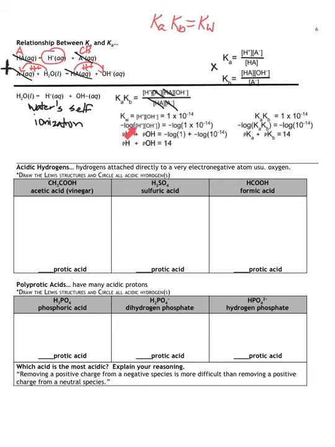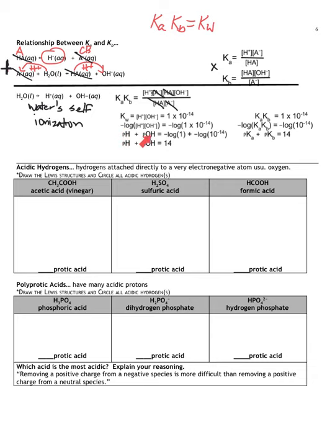There's a function in logarithms where if I'm taking the log of a product of two factors, I can split each factor up and add them together. When I split this up, this is pH. And then, of course, when I split this up, negative log of OH is pOH.